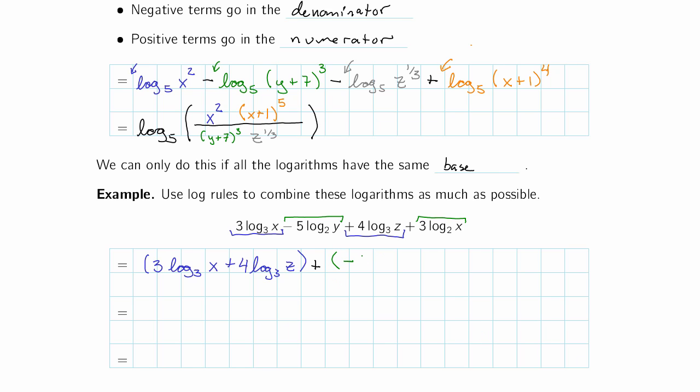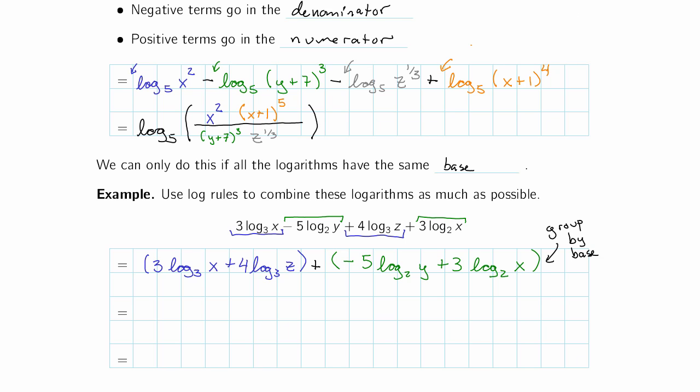So I have a minus 5 log base 2 of y, plus 3 log base 2 of x. So what we've just done here is to group the logs by base.